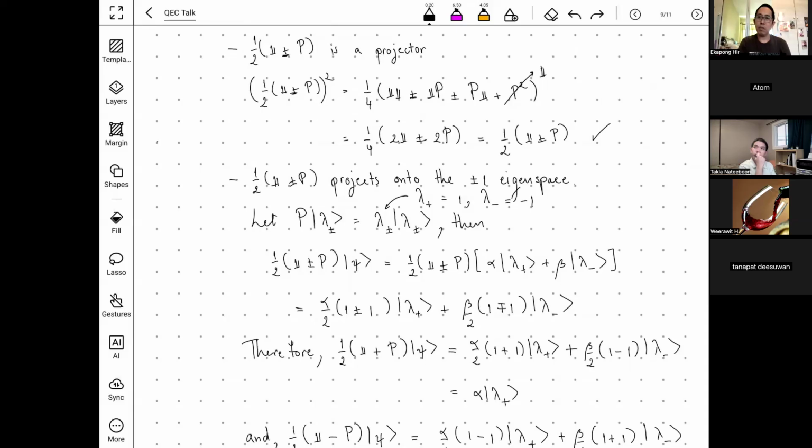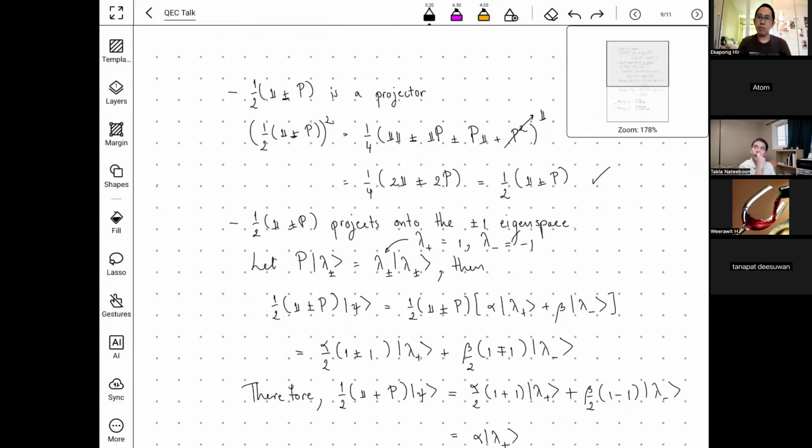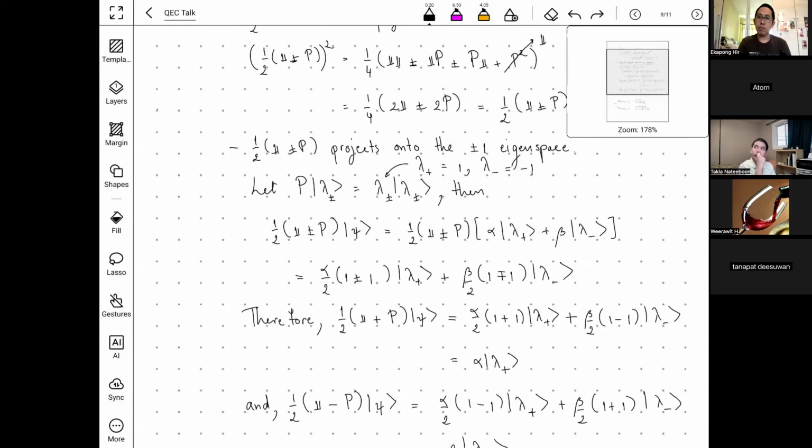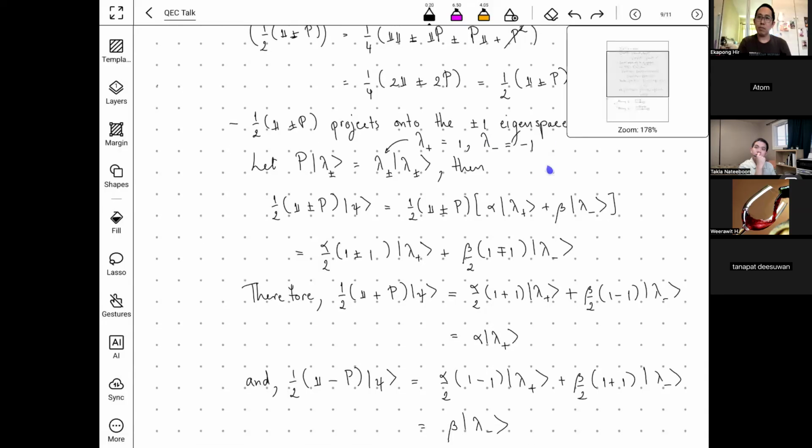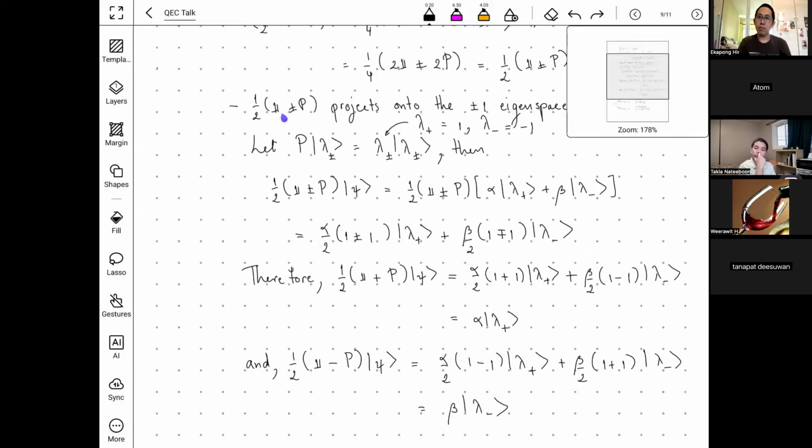Okay. So the next thing is that this operator here projects onto the plus or minus one eigenspace, which you can prove simply by setting this equation here, letting the eigenvalues of the Pauli operators be one and minus one. I've used lambda plus or minus there.